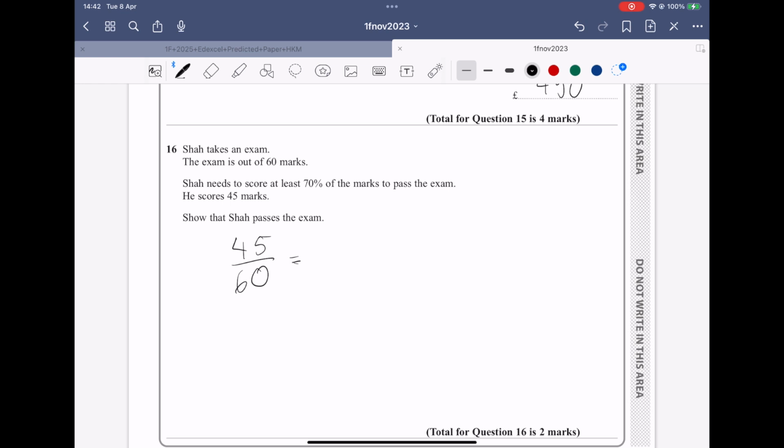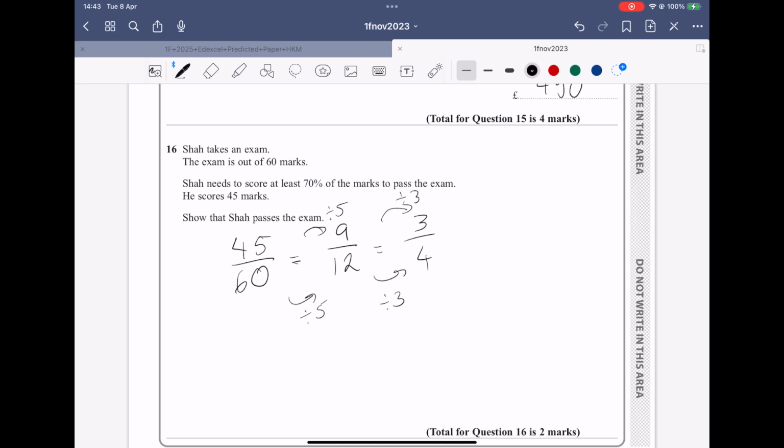Now, they're both in the 5, so that will become 9 over 12. I've just divided both of these by 5, just to be really clear. Both in the 3, so that's 3 over 4. Now, you might be thinking, I know what that is, that's 75%. You might not be thinking that, though.